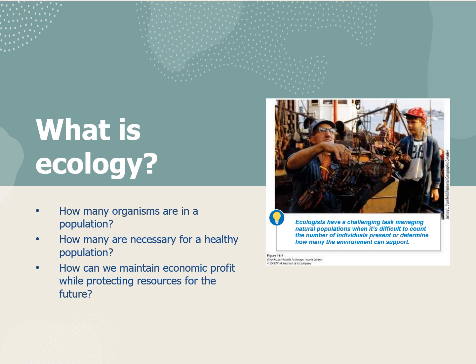So what ecologists are tasked with doing is determining certain factors about the relationships of organisms within their environment, as well as population numbers. What number is required to allow for an environment to be considered healthy?